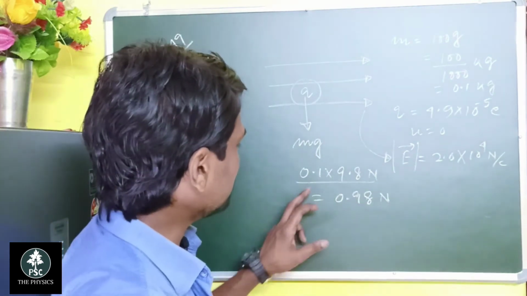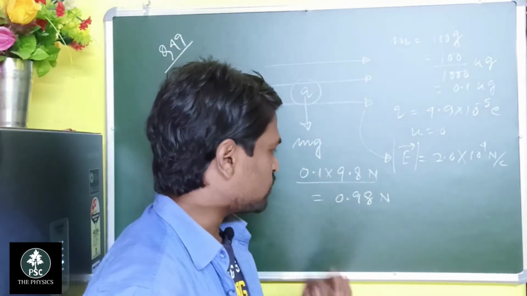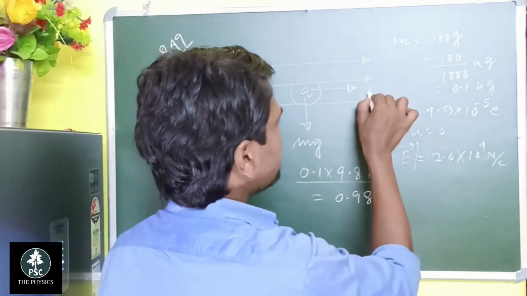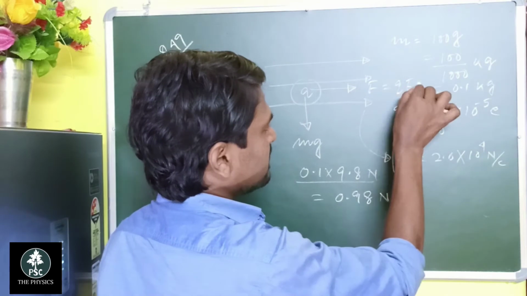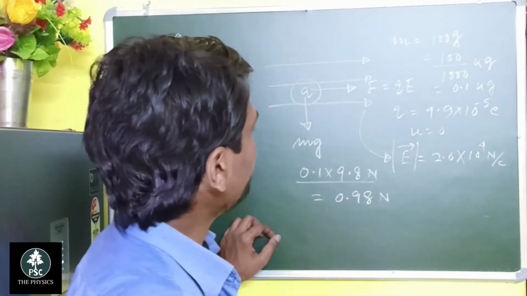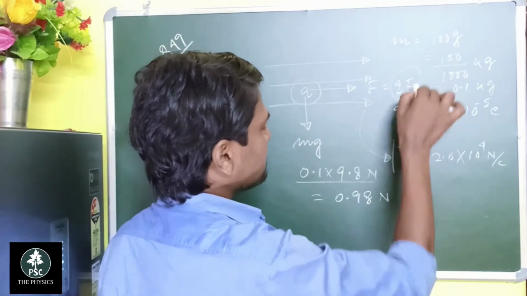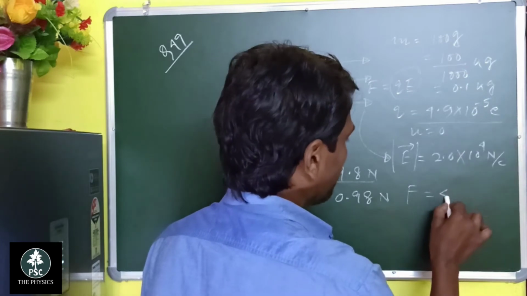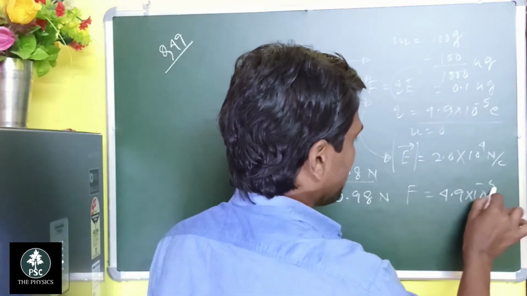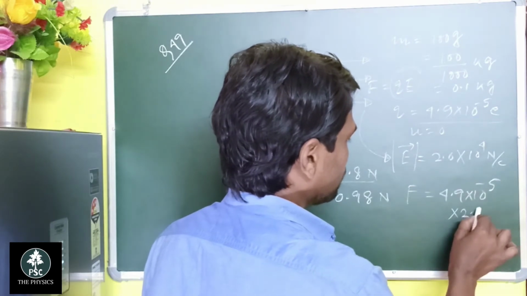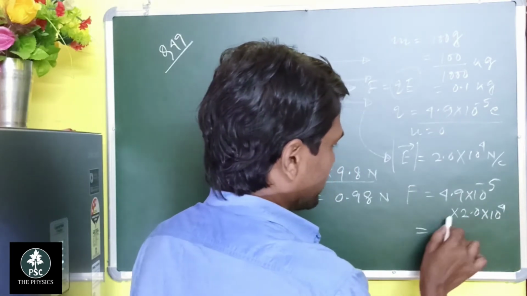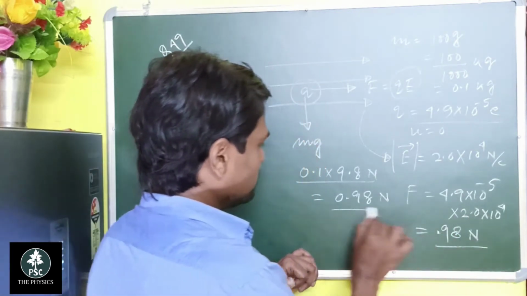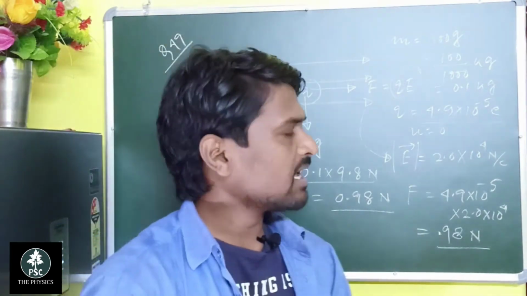It is a simple calculation, 0.1 into 9.8, that is 0.98 Newton, and along this direction electrostatic force acts, and this is QE, so force equal to QE. Q is given 4.9 into 10 to the power of minus 5 into electric field 2.0 into 10 to the power of 4. So again it is 0.98 Newton. So these two forces are equal.